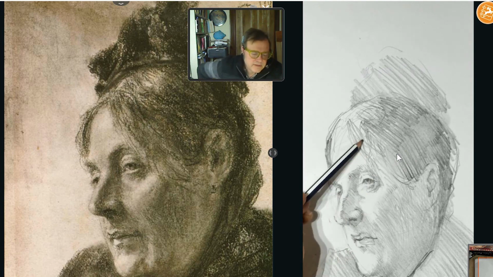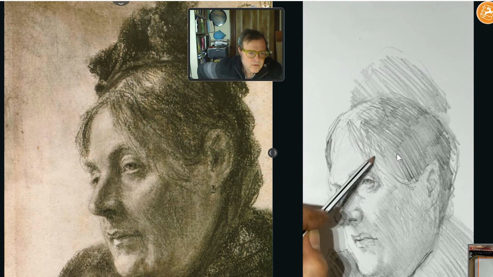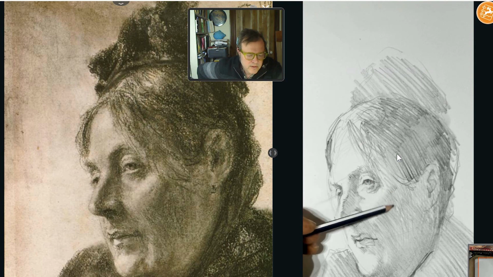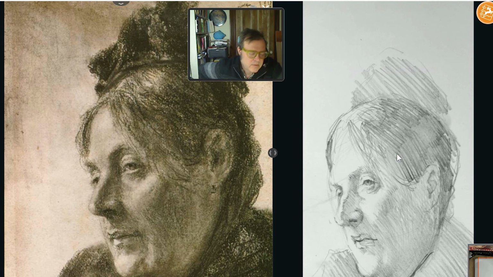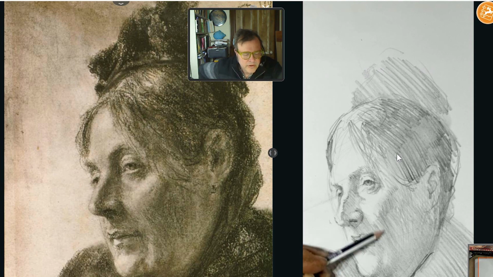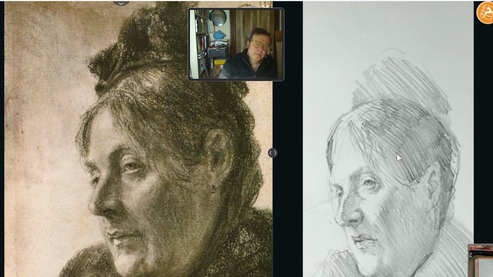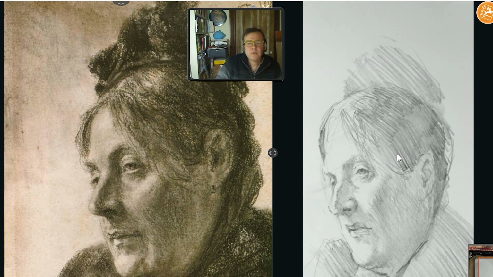Most beginners get so caught up in just drawing the details of what they think of as the individual hairs that they really lose that sense of the volume of the head. And then when the hair has a lot of structure, like curly hair, you're even going to have to work on getting the volume of the curls, which is a whole other kind of challenge.